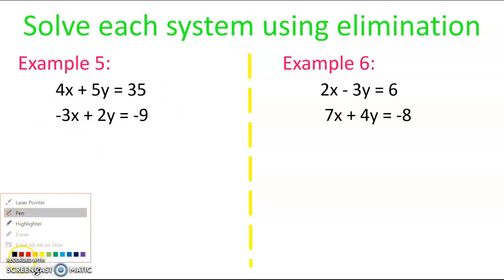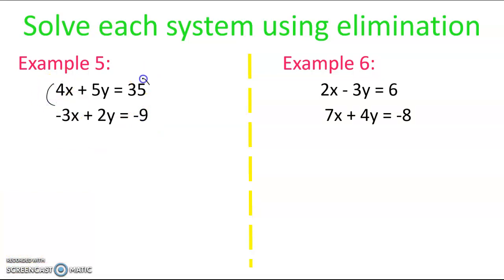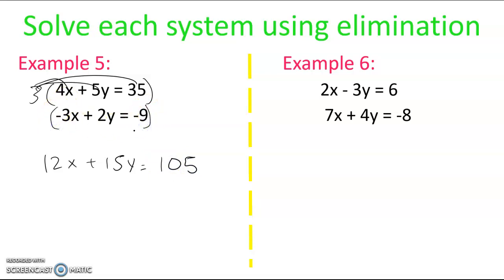And I'm going to multiply this top equation by 3, okay? I'm going to distribute all of them out. We get ourselves 12x plus 15y is equal to 105. Now, I need to multiply this bottom equation by a number because it doesn't look like any of our numbers really cancel out so far.